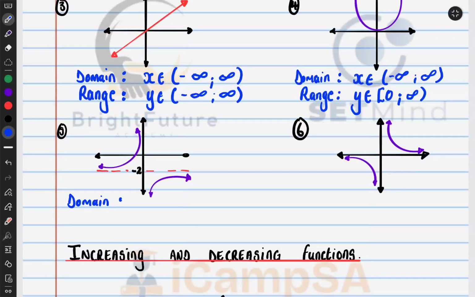So the way that we're going to represent this domain, we're going to say x is the element of negative infinity, not included, round brackets, all the way up to 0, round brackets, but the function jumps.